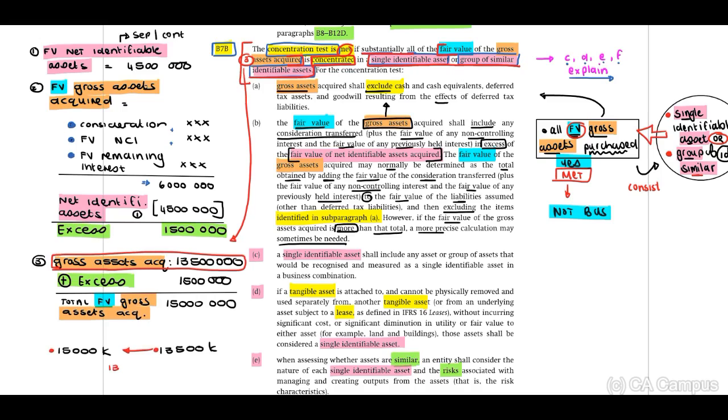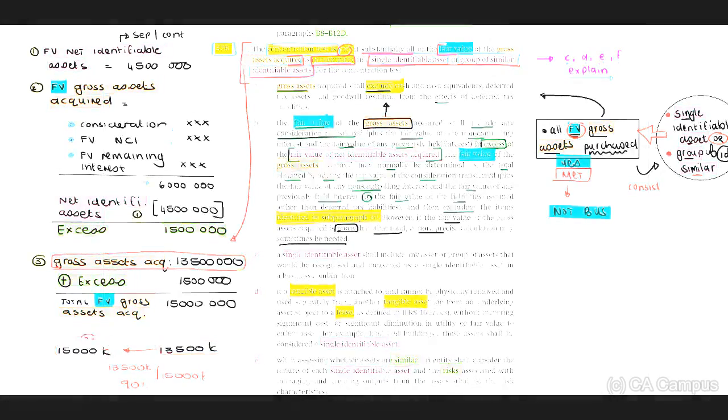Therefore, if we look at this, 13.5 million on 15 million, this will be 90%. Therefore, 90% of this 15 million consists of our gross assets acquired. Then our concentration test is met. And this is not a business, but this is assets acquired.